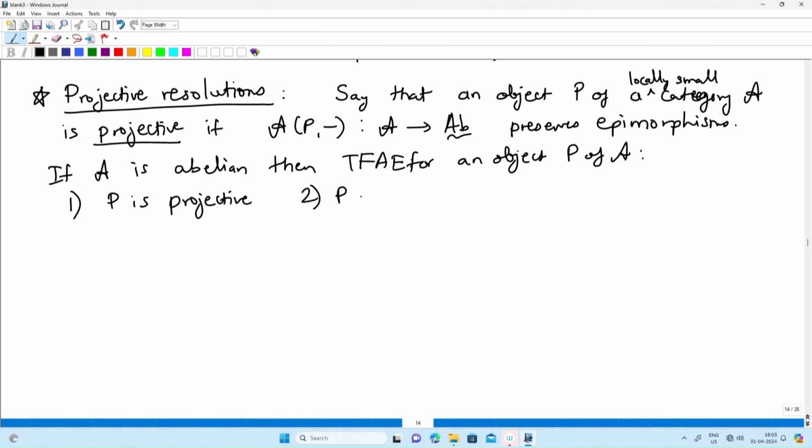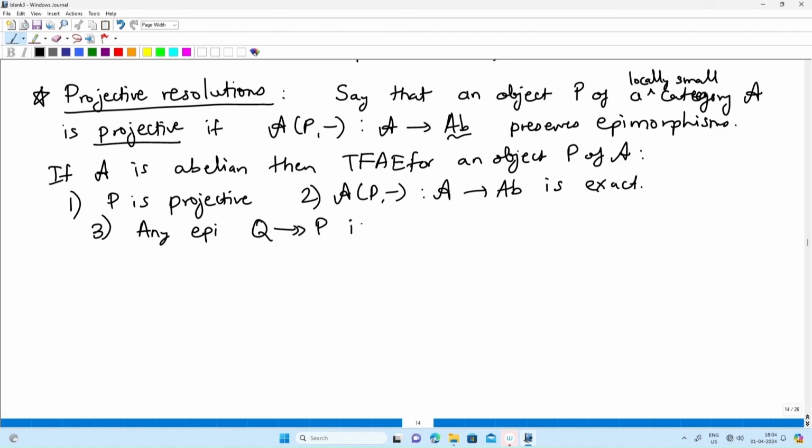The second one, AP blank from A to AB is exact. And the third condition is that any AP from Q to P is split.